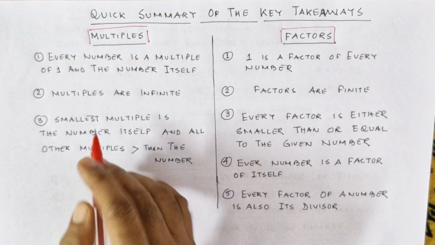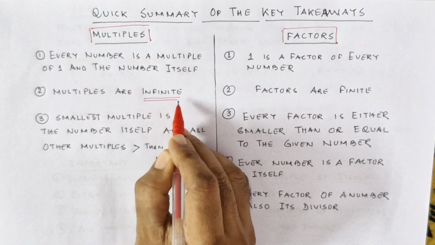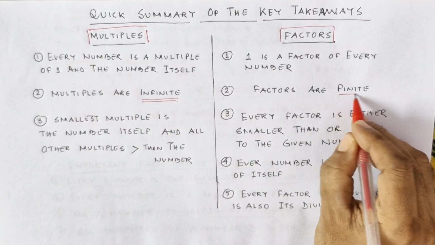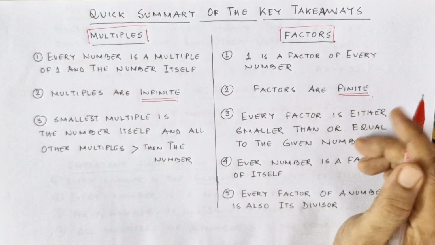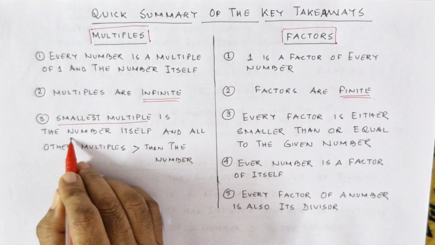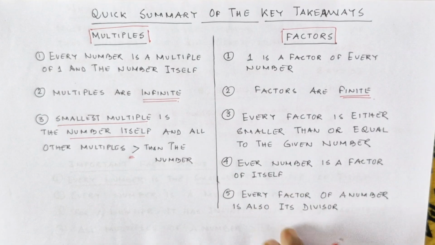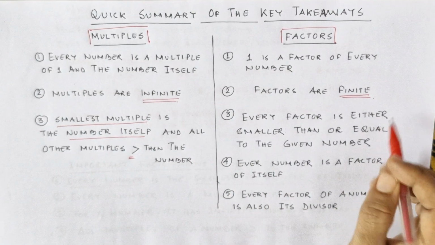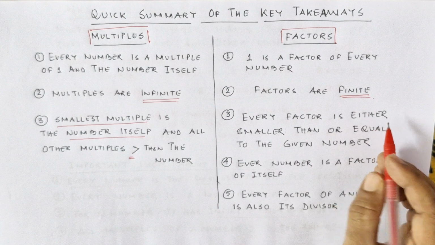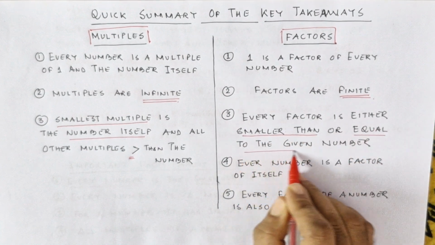We have also studied that multiples are infinite, but factors are finite. The smallest multiple is the number itself, and all other multiples are greater than the number, whereas every factor is either smaller than or equal to the given number.